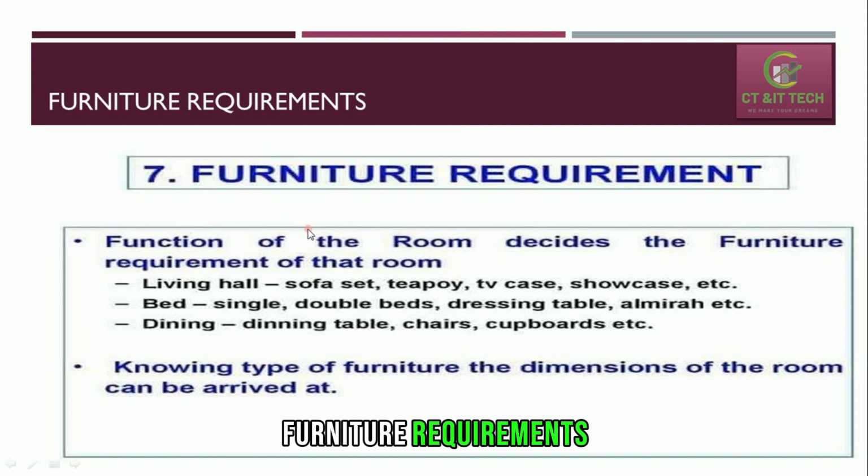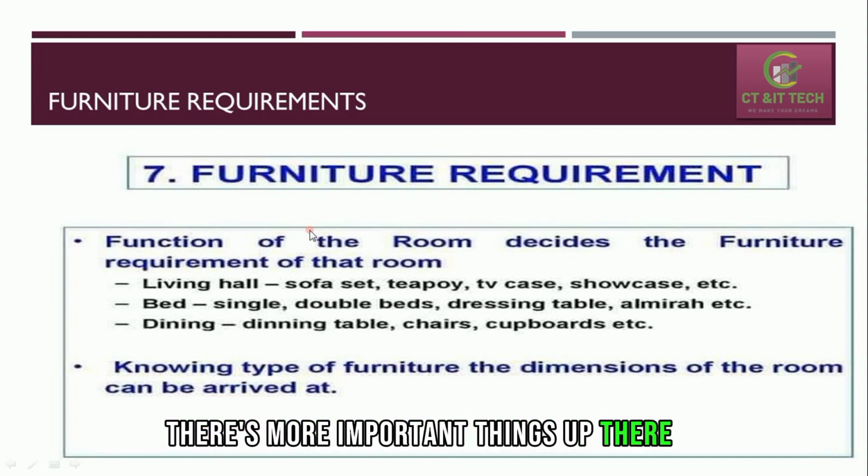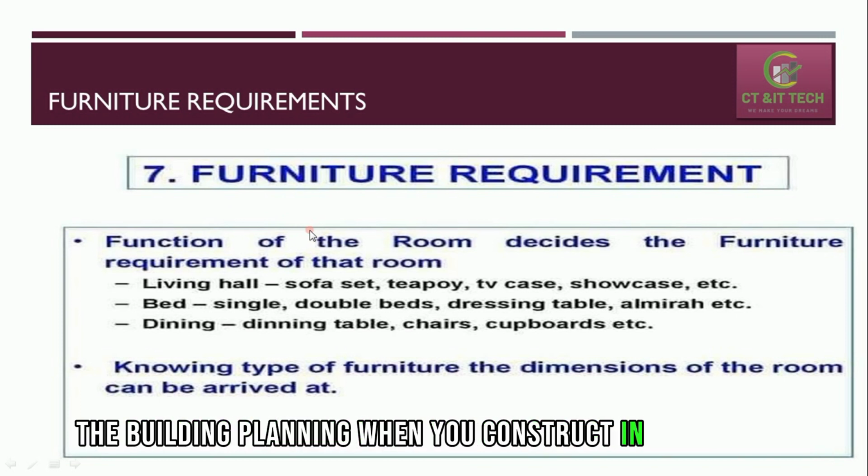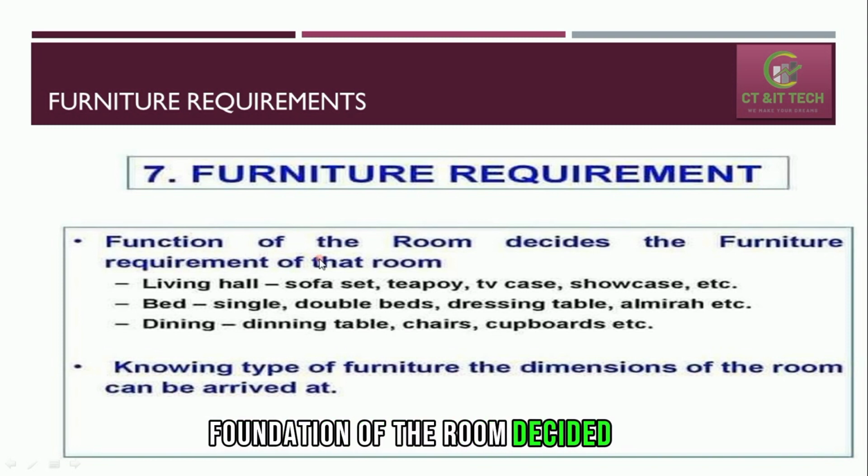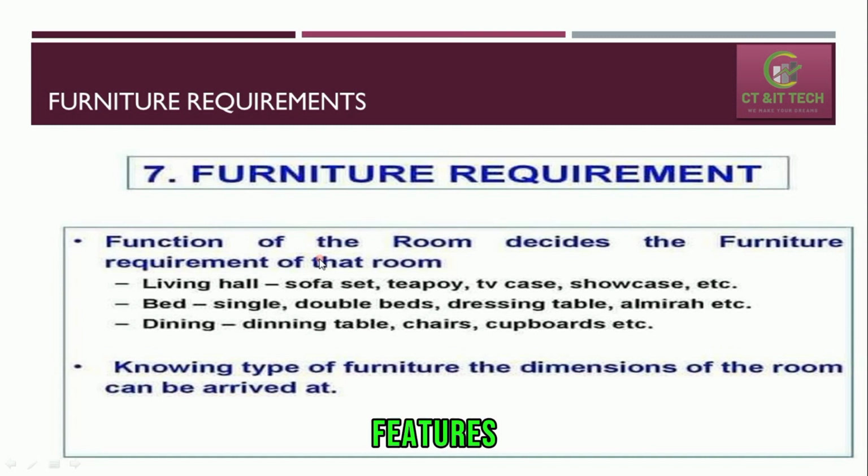Furniture requirements are a very important thing in building planning. When you construct the building, rooms, windows, etc., you also have to place the furniture. That is called interior design. The function of the room decides its furniture requirements.